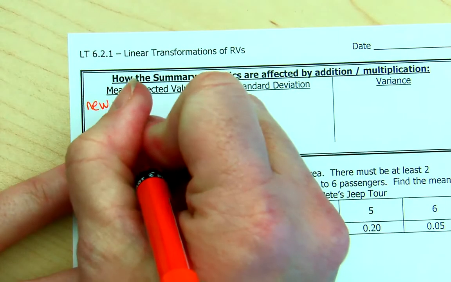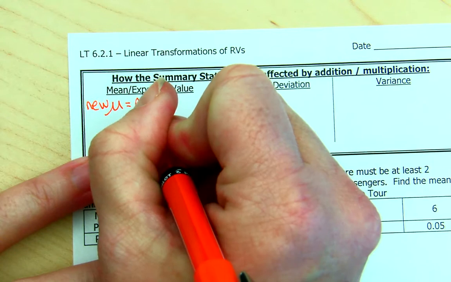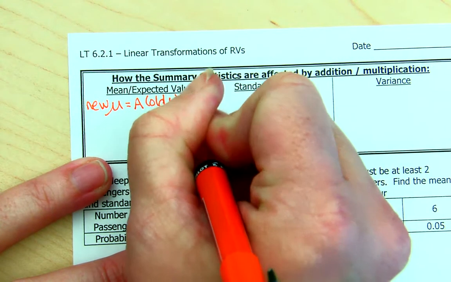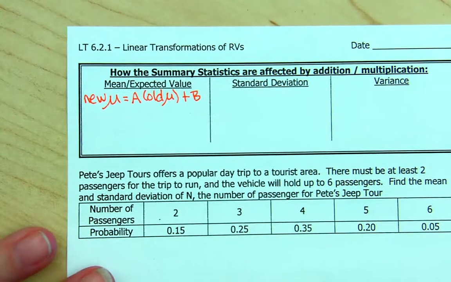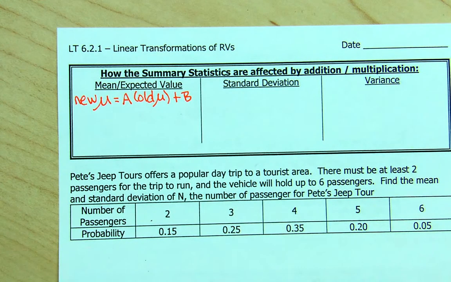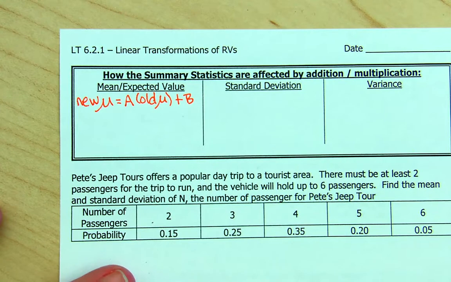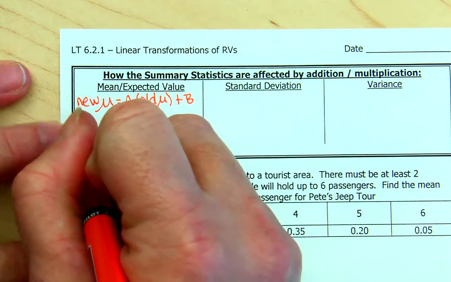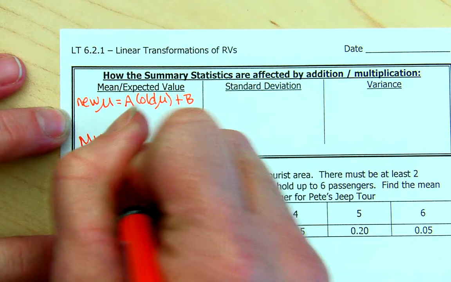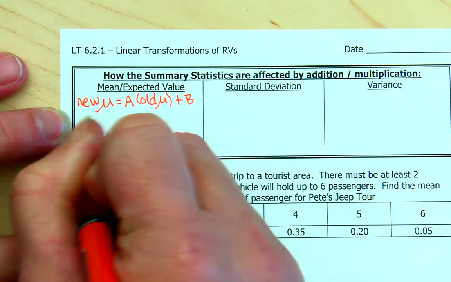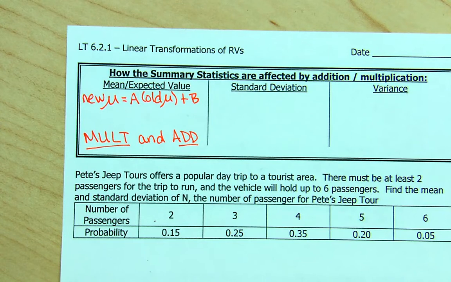The new mean is just the multiplication times the old mean plus whatever we're adding. So we get the new one by doing the multiplication and the addition. So we multiply and add for mean or expected value, whichever way they ask you about it.